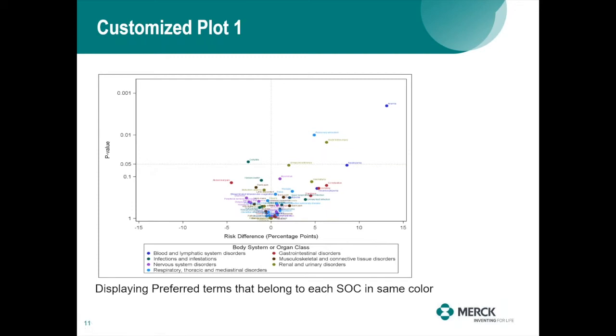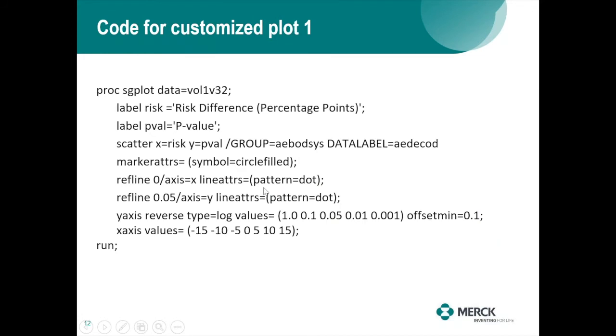Points above the line have a p-value less than 0.05, and below the dashed line are p-values greater than 0.05. The option I used to give SOCs a single color is grouping them. This is the option I use, and the data label just displays the labels of the preferred terms belonging to that particular SOC.